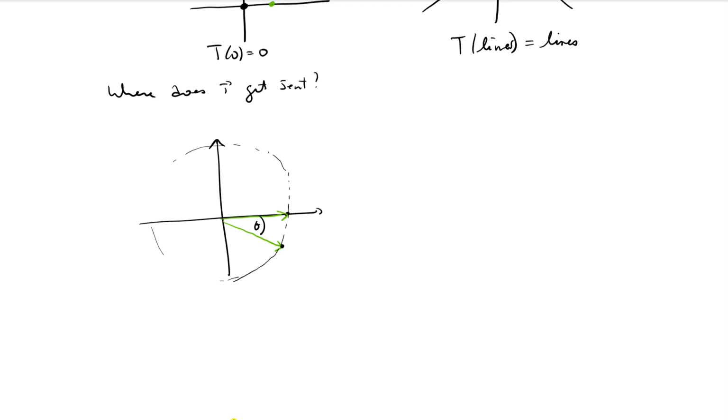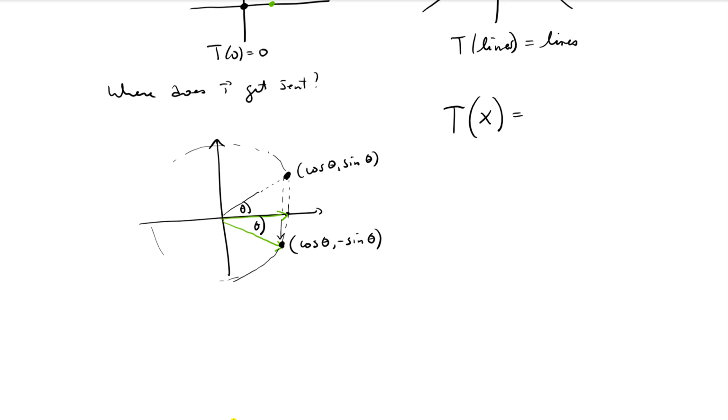Now, on the unit circle, the coordinates of a point where this is theta are cos of theta, sine of theta. The coordinates of our point are the same as these, but we just have to reflect them across the x-axis. So this is cos theta, minus sine theta. So we already have half of the answer.